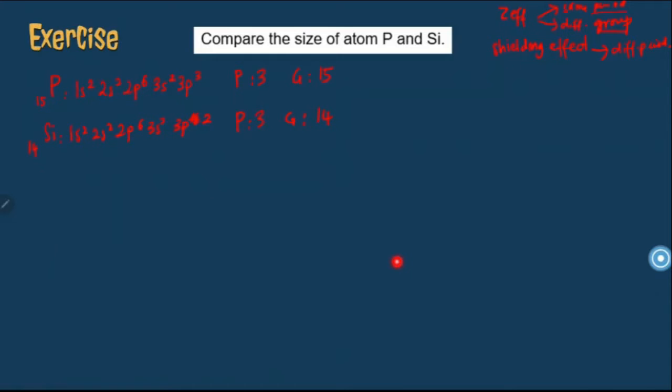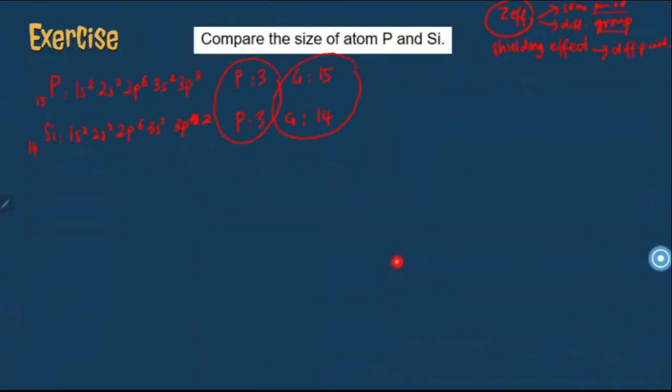So compare the period and group. The period is the same but the group is different. So the factor that will dominantly affect your periodicity is Zeff.